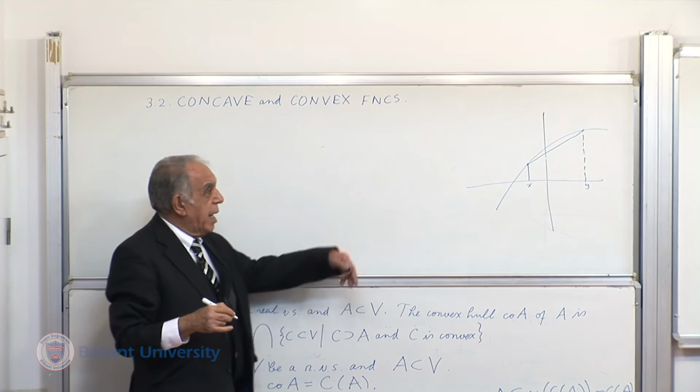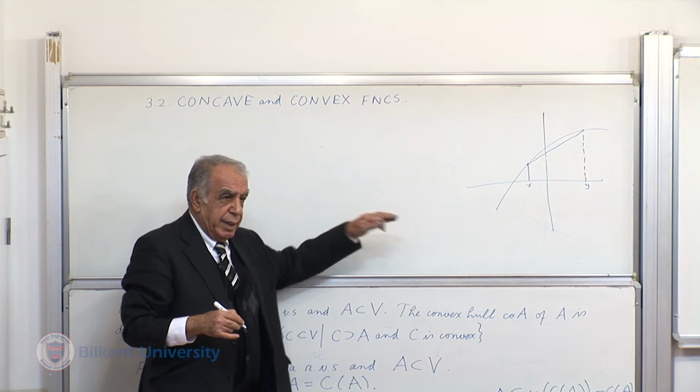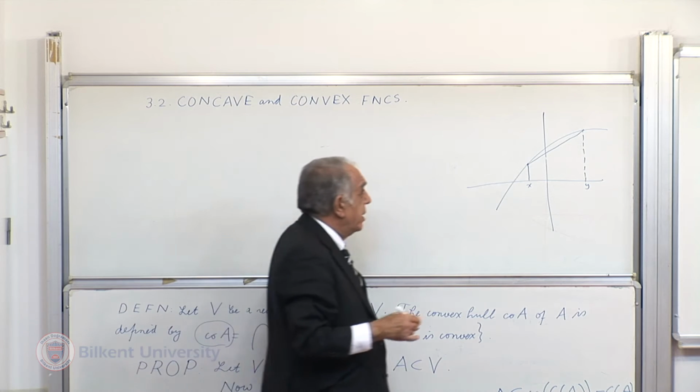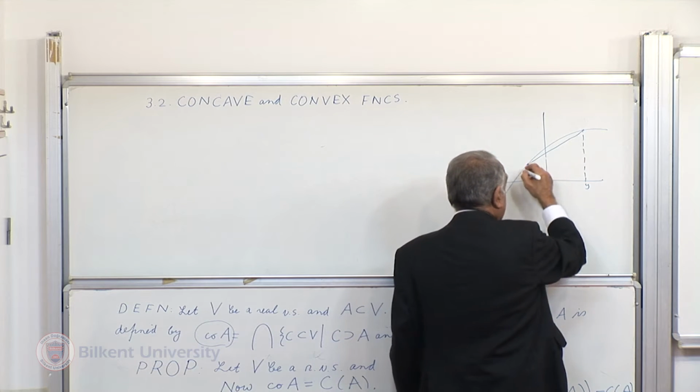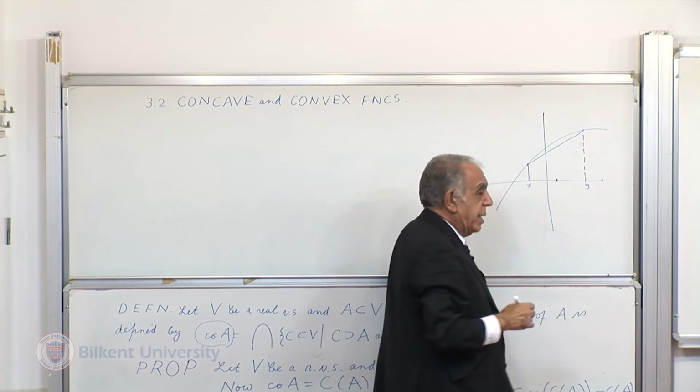And we said the secant should be less than or equal to the graph. It should stay. Now, that means, and this portion, this line segment, take any point in here.